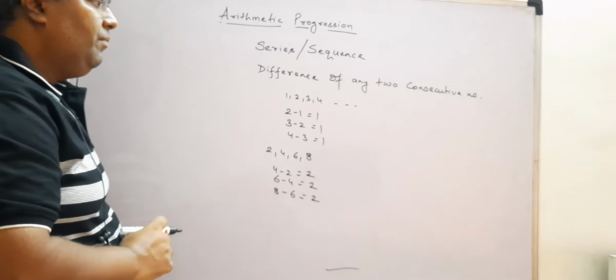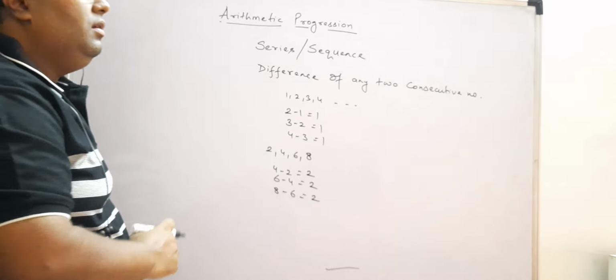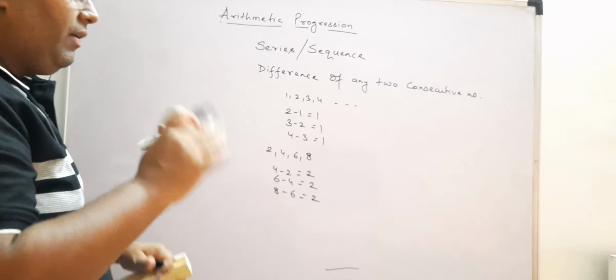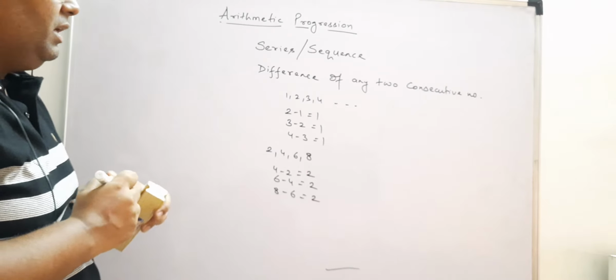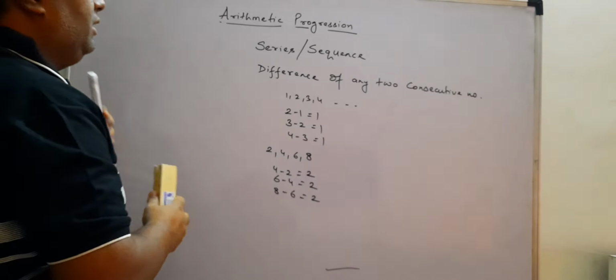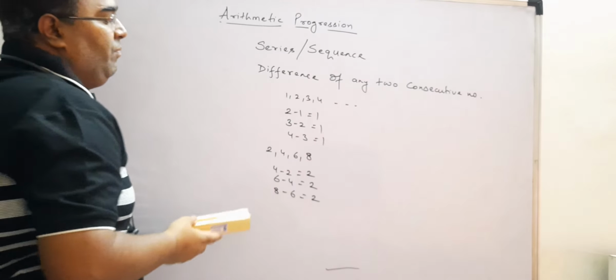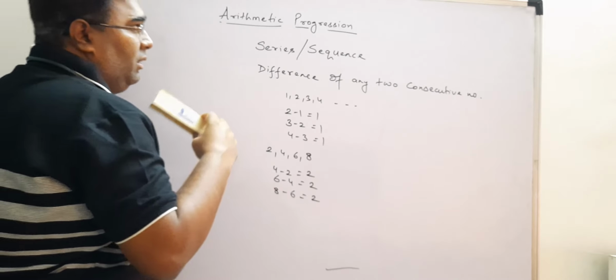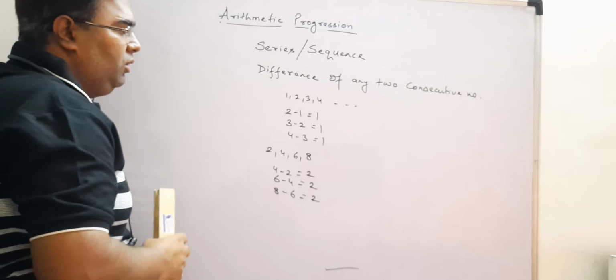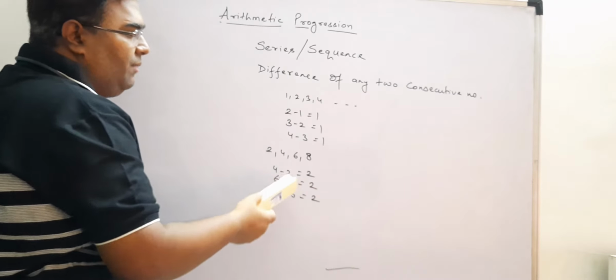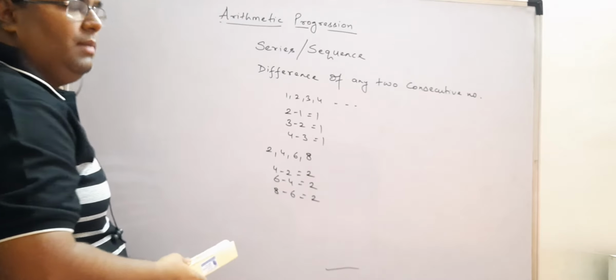Now we will find how to find the numbers. Basically there are 5 things in arithmetic progression. Sometimes we need to guess whether the series is in arithmetic progression or not. So what we need to check? We need to check whether the difference is the same or not.